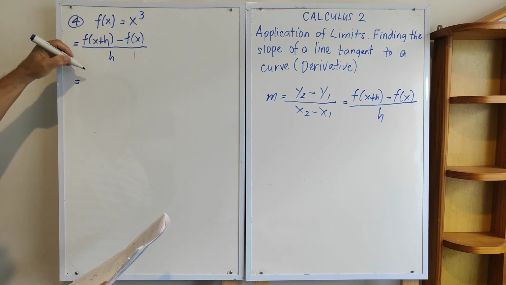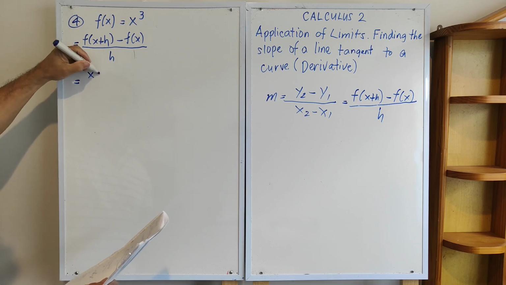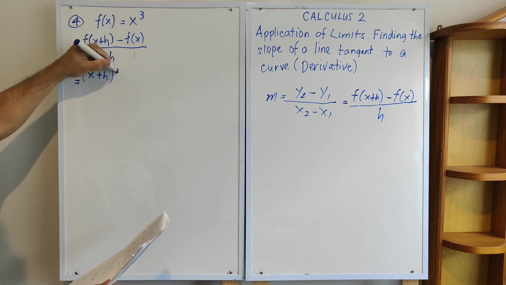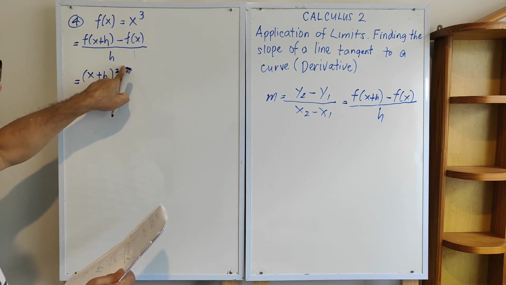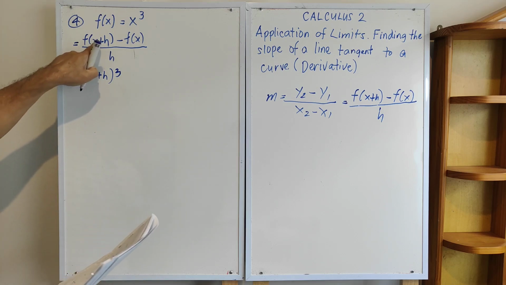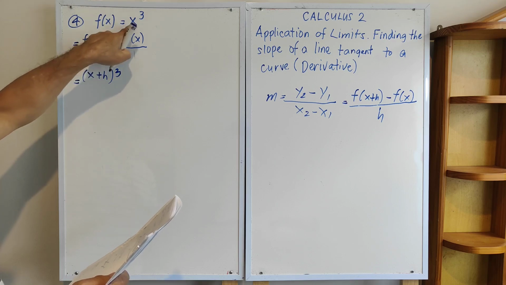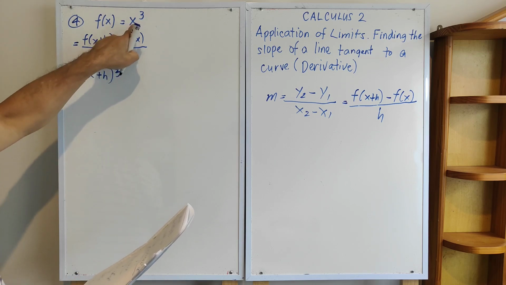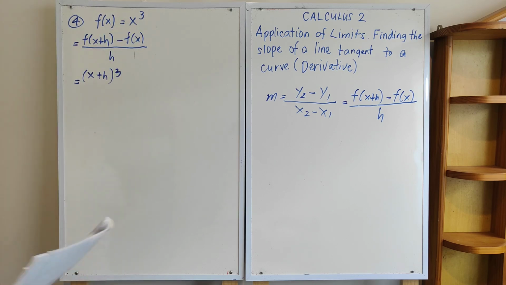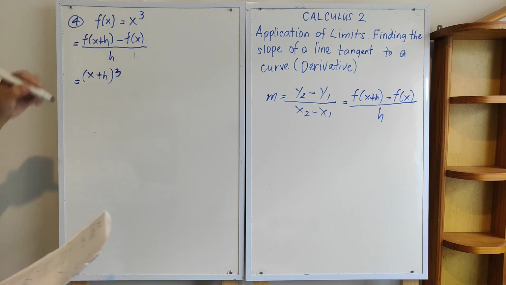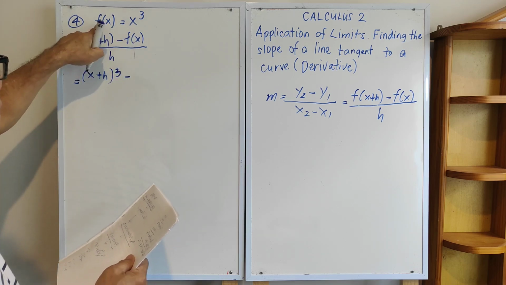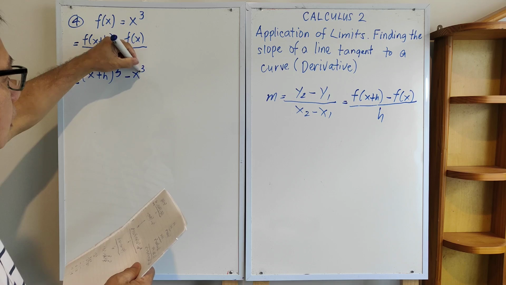So what will happen will be x plus h cubed. So whatever is in here, you plug it into x. But this one is cubed, so we have to put cube. Minus the function of x, which is x cubed.